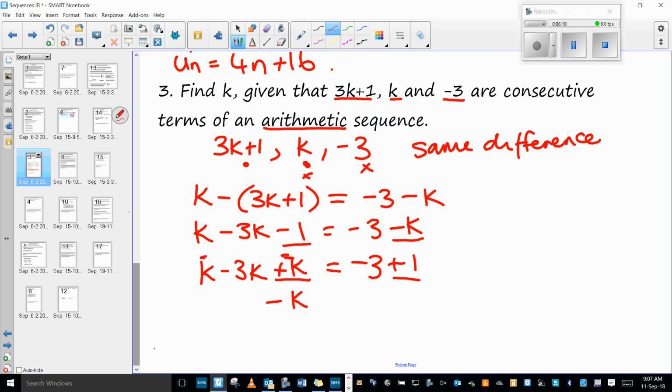It doesn't really matter how you join them, but get practice. Negative 3 plus 1 is, be careful, negative 2. So if negative k is negative 2, then k is positive 2.